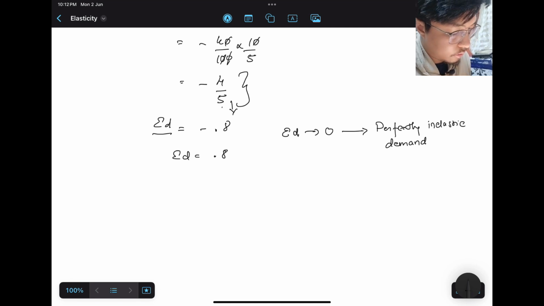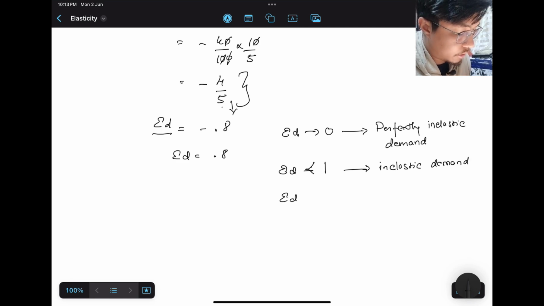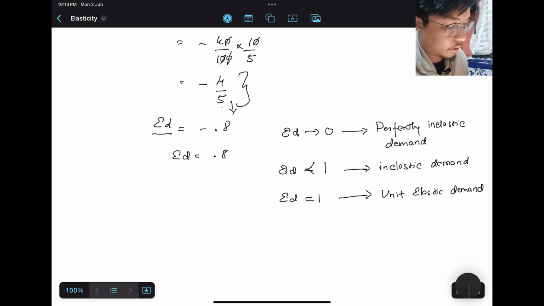Right? So if your ED value is, let's say, less than 1, then we say inelastic demand. If your ED value is equal to 1, then we go with unit elastic or unitary elastic demand. Okay.